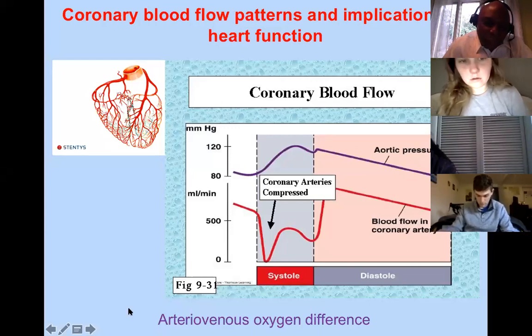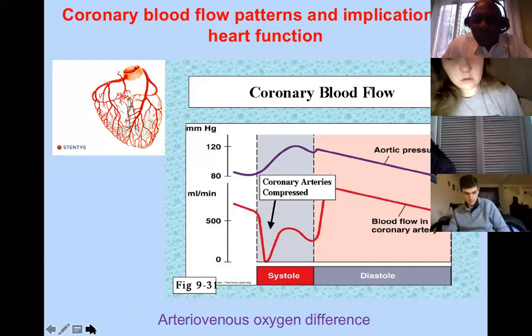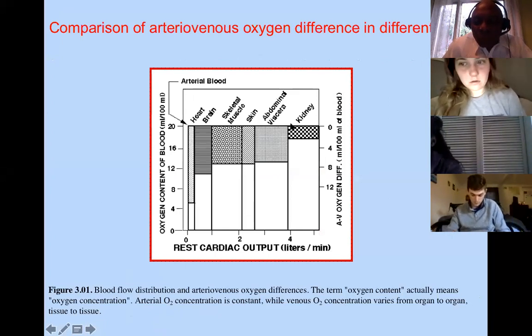Now, if you look at the rest of the tissues, you see they're way less than 70%. The most extreme is the kidney. The kidney is only getting 10%.